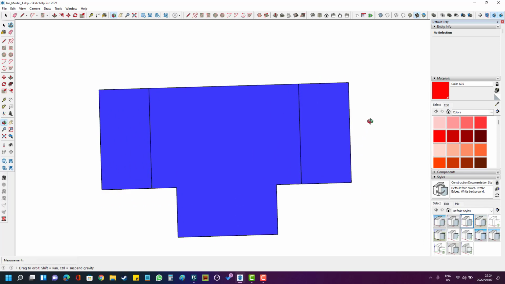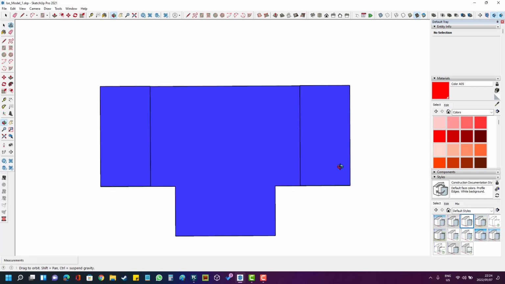So let me just straighten this out. That's close enough. So now we have our 2D orthographic view of the top view, and remember it is now tilted towards the front view.